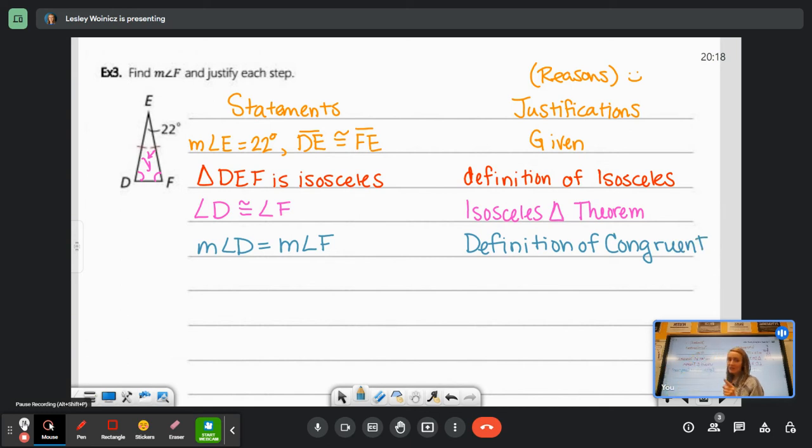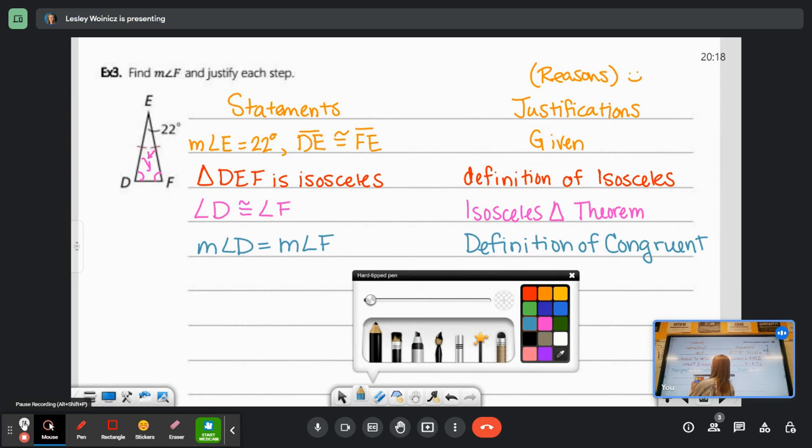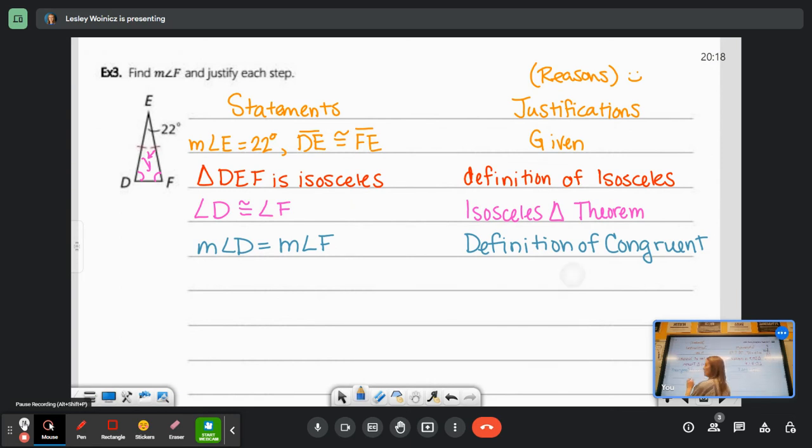You thought you were done with the definition of congruent, but it's back. All right. So, we know some other good stuff. We know that the sum of the interior angles of a triangle is 180 degrees.